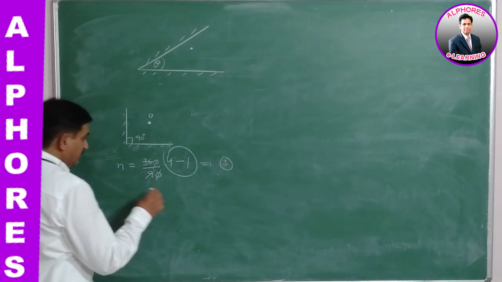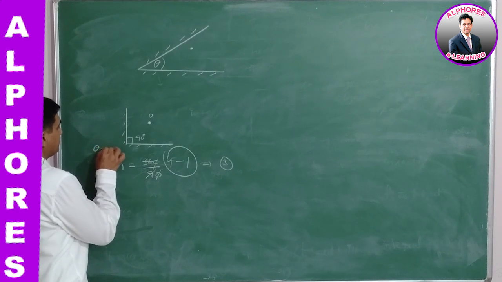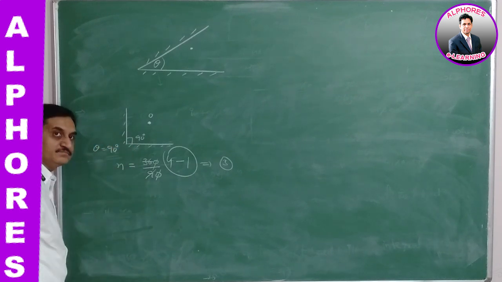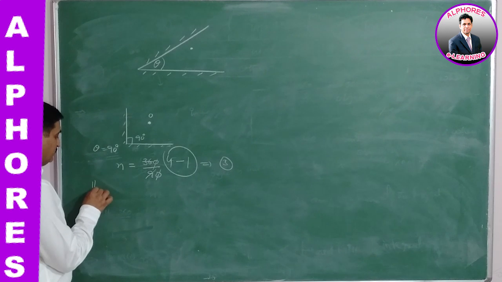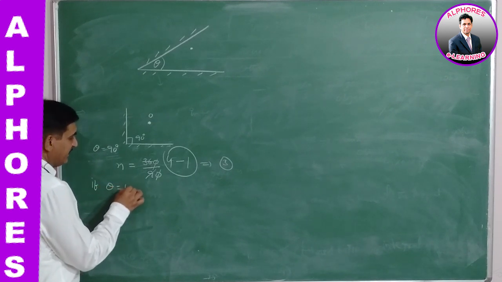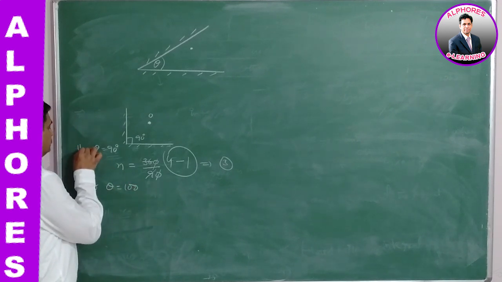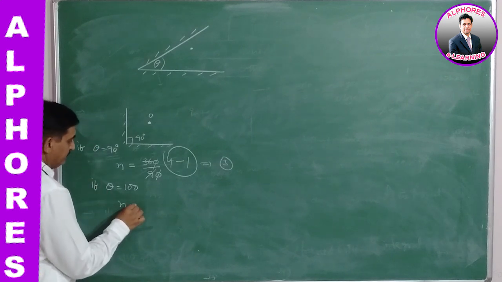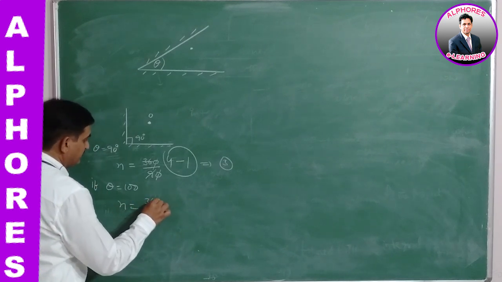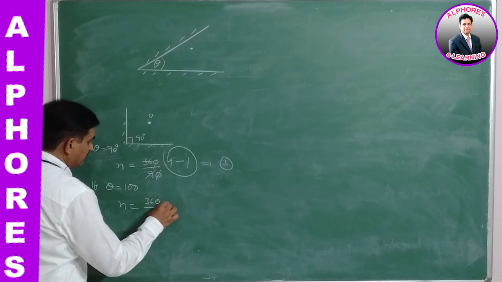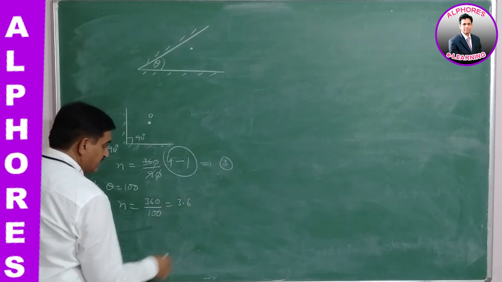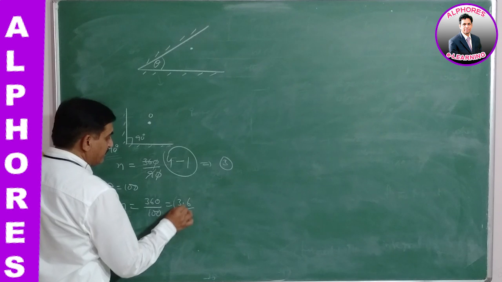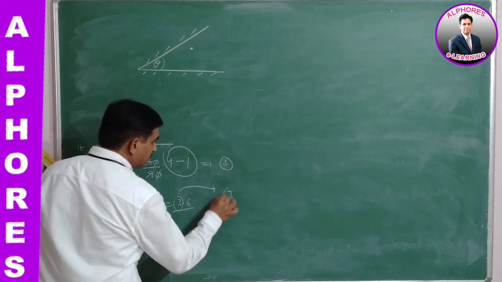If we go for one more angle, say theta equal to 100 degree, the number of images formed will be 360 by 100, which gives 3.6. It is a fraction, so the number of images formed will be 3.